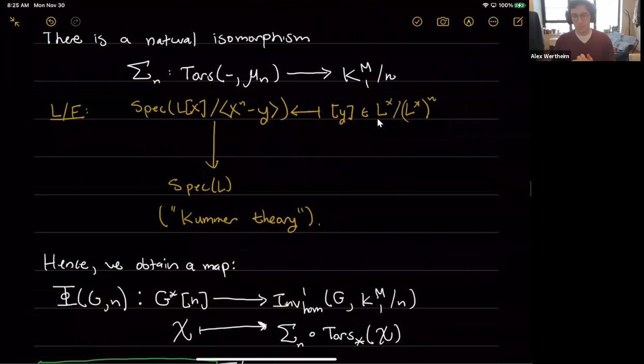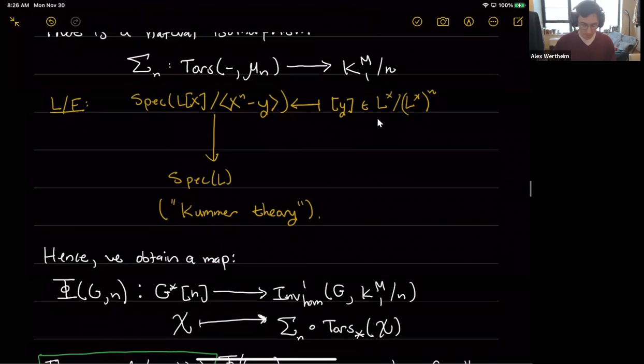So with this Kummer theory isomorphism, we can cook up invariants via the following procedure. Suppose I'm given an n-torsion character of G, chi. This is just a map from G to mu n. And so I can associate to it a change of group map, chi lower star, from G-torsors over fields to mu n-torsors over fields. And if I compose that with this natural Kummer theory isomorphism, sigma n, then I obtain a type 1 invariant of G, because these are just natural transformations from G-torsors to Milnor K1 mod n.